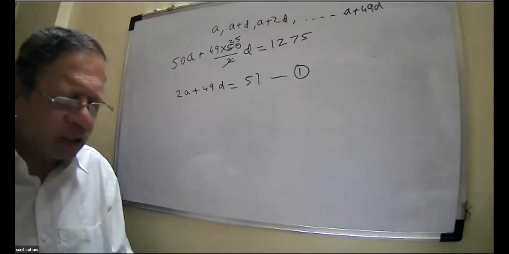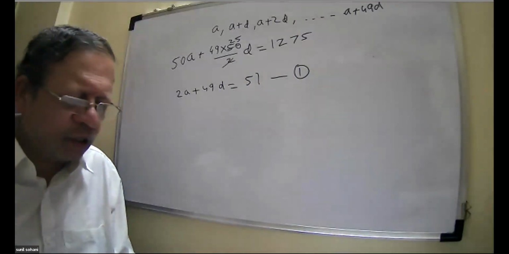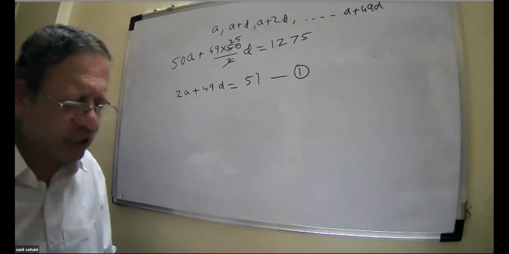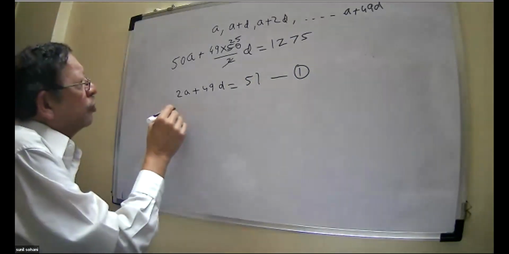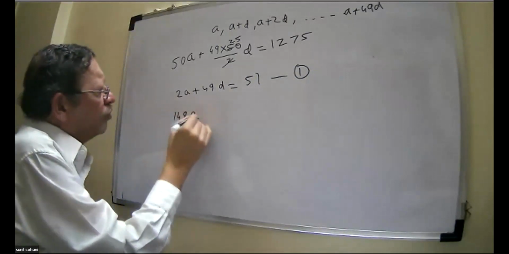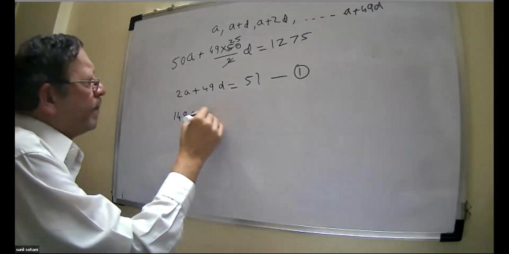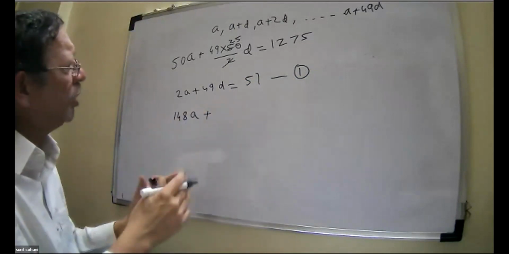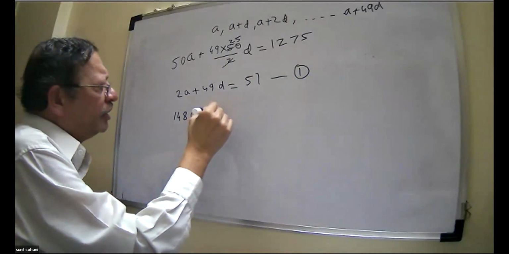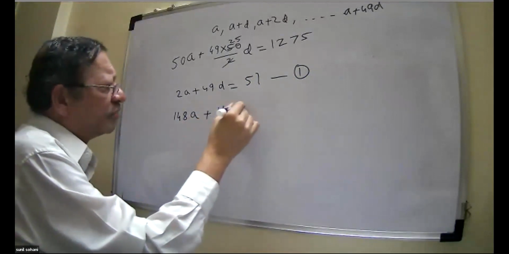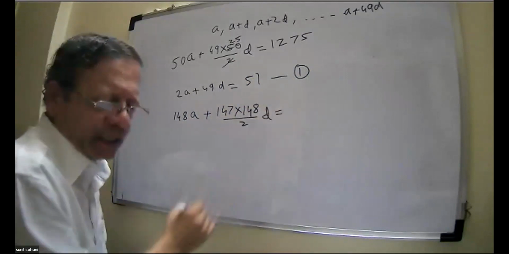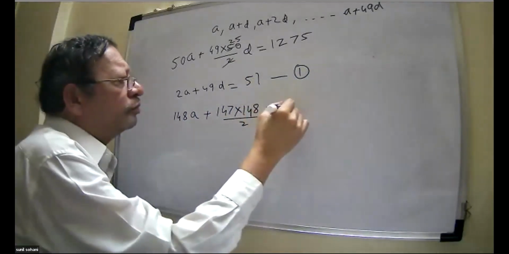Coming back to the next part as given in the question, the sum of the first 148 terms is 6882. So the sum of 148 terms will involve 148 A's and you have to add 1 to 147 D's. So the sum 1 to 147 is 147 into the next number 148 upon 2 D's, and the answer is 6882.